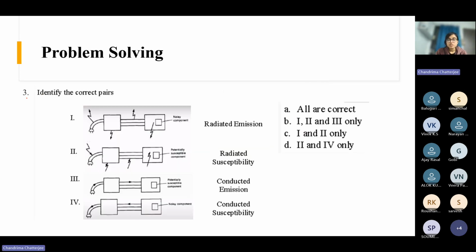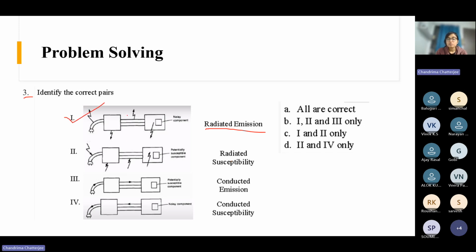And then the next question, this diagram I think you have already seen. This shows the different types of emissions. First is the radiated emission. The emissions are occurring by radiation, so this one is right. Then radiated susceptibility.